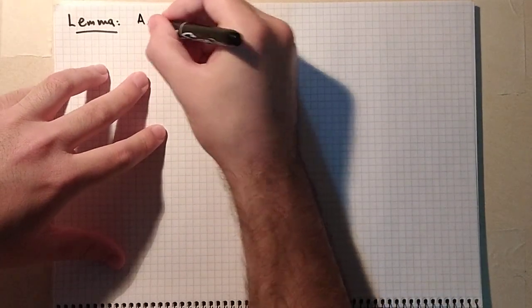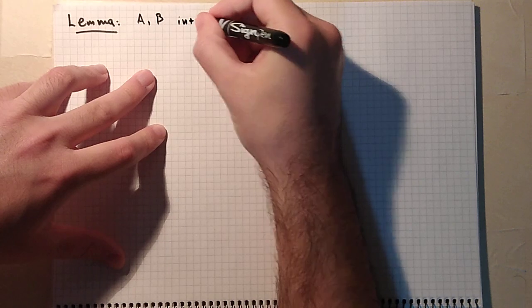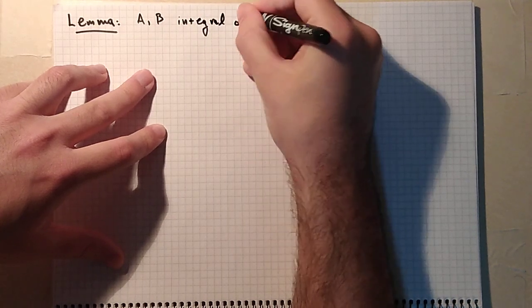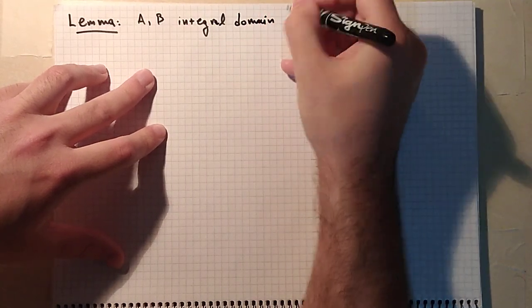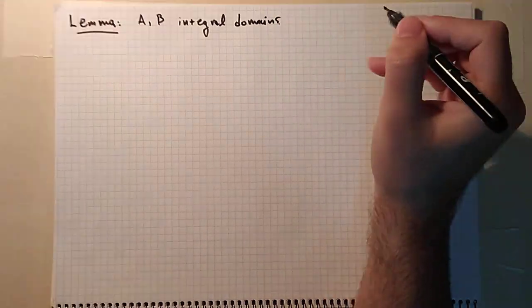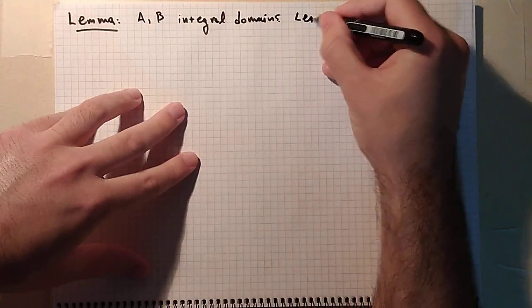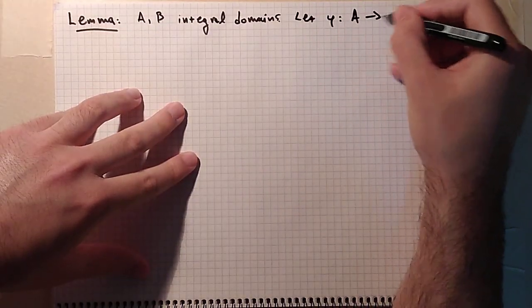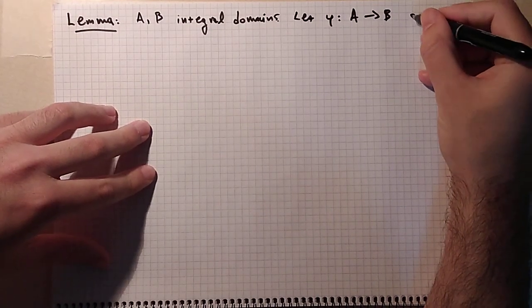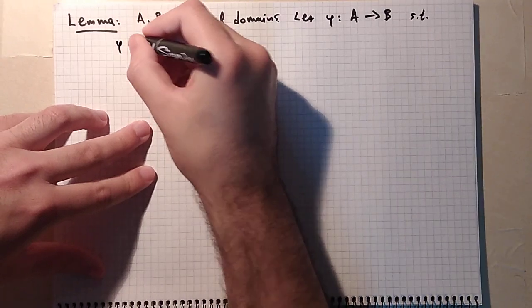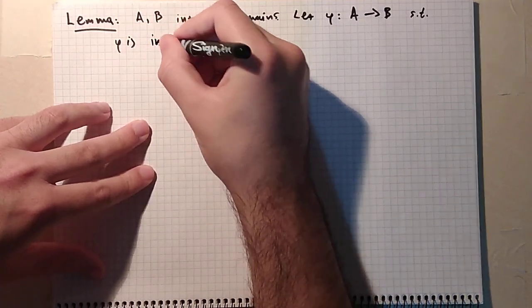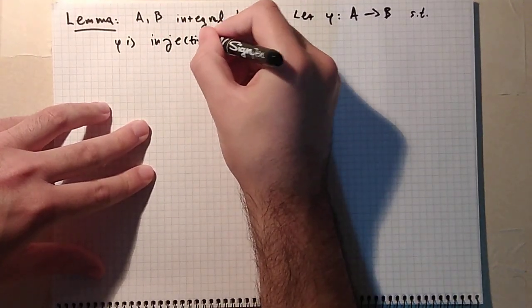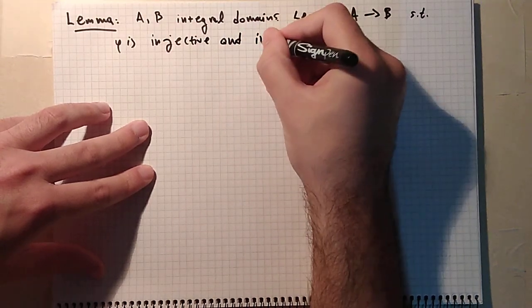So okay, we start with two integral domains, and we also assume that we have a phi, a ring homomorphism from A to B, such that phi is injective and integral.